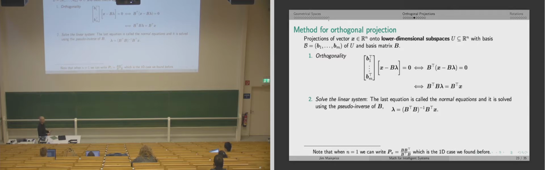It's also important in robotics because in inverse kinematics, if we're trying to move the hand, the end effector of the robot, what we are looking for is joint angles that minimize the distance to some hand command that we have. And that's also an orthogonal projection. That's a result that you really need to know.